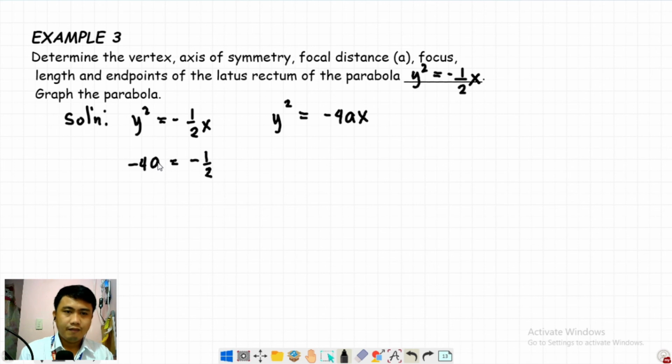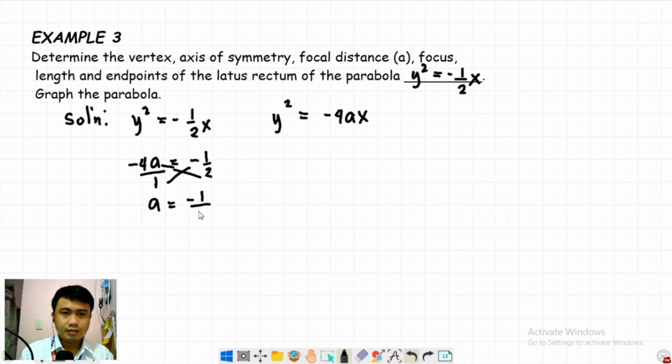Maybe we can just cross multiply. Negative 4 times 2 is equal to 1 times negative 1, which is negative 1.